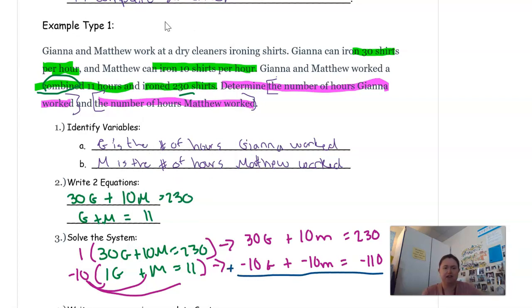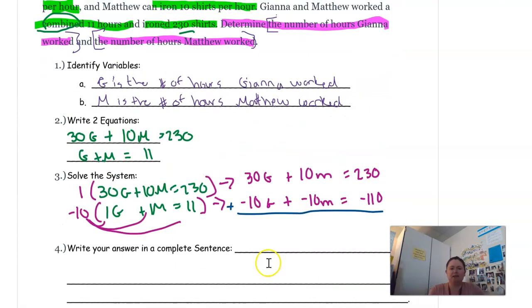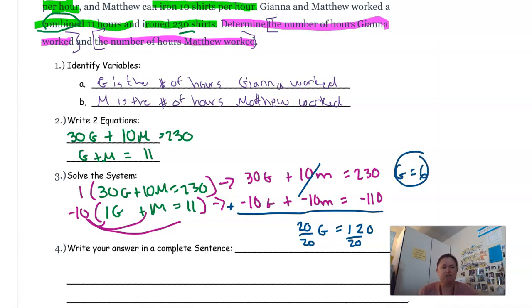So I can just add my two equations together and it should make the m cancel out so I can figure out g. So I have 20g equals 120. 230 minus 110 is 120. Divide that by 20 is 6. So g is 6.